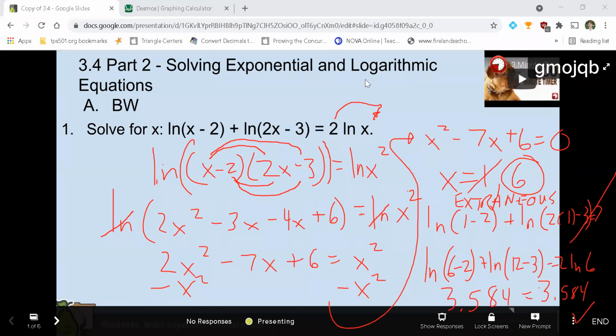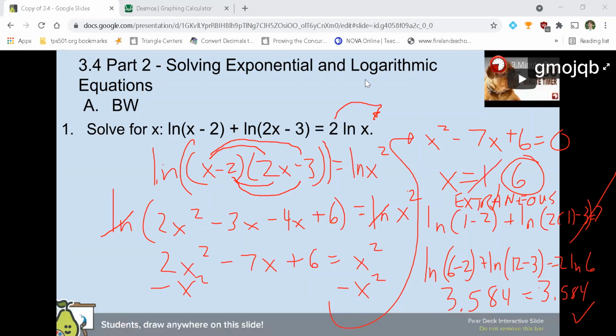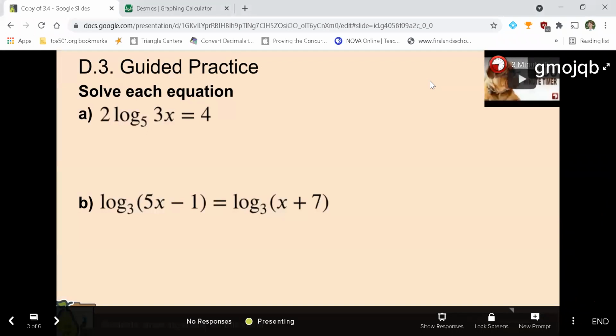Is there any questions about the bell work? Anybody need more time to write? Okay, it is your turn now. You try again. Try these two. 3 minutes.